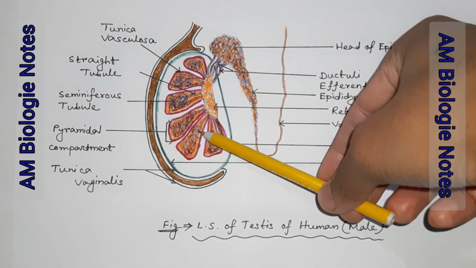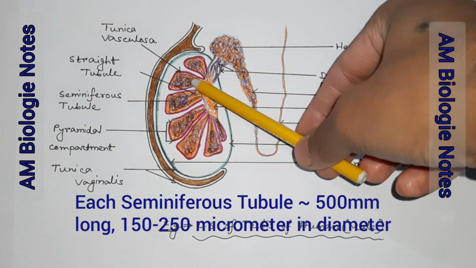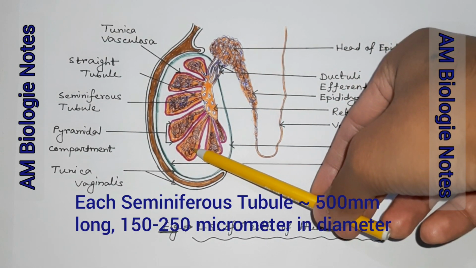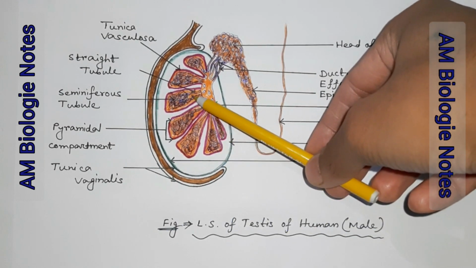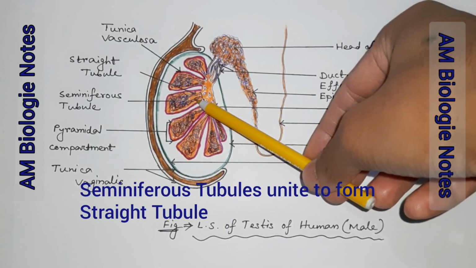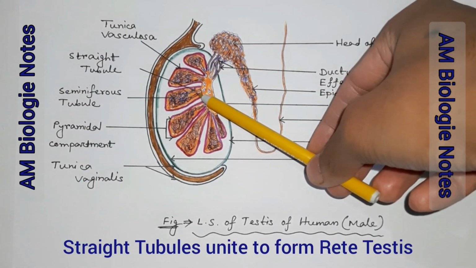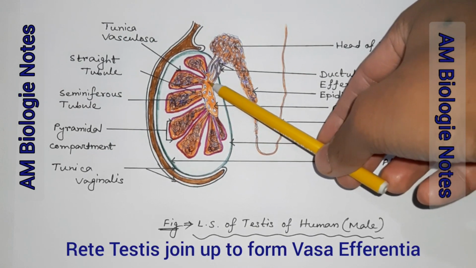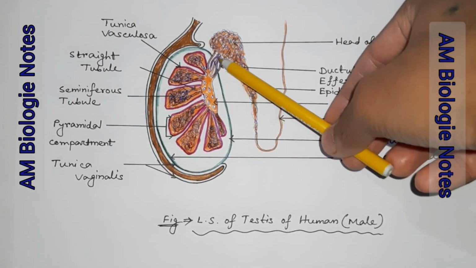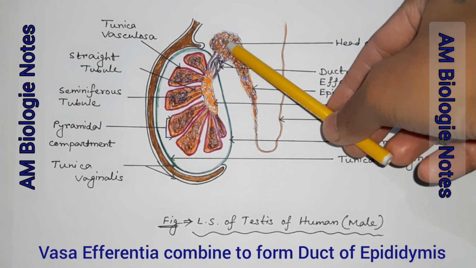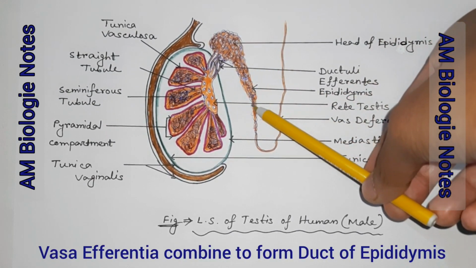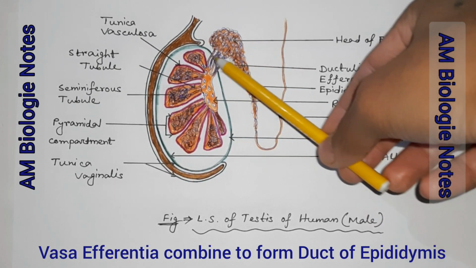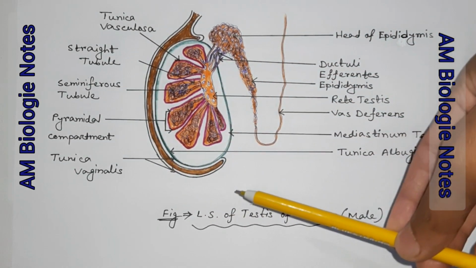Each seminiferous tubule is about 500 long and 150 to 250 micrometer in diameter. Several tubules unite to form a straight tubule, which again unite forming rete testis. The rete testis joins up to form the vasa efferentia. Vasa efferentia finally combine to form the duct of epididymis. So, this is all about the very general concept of the structure of testes.